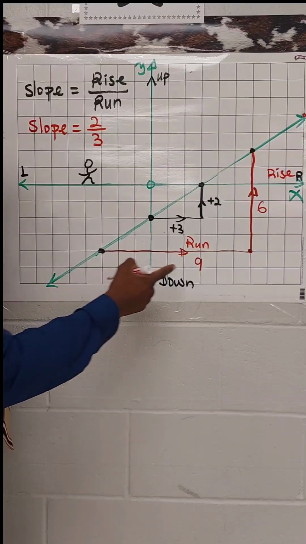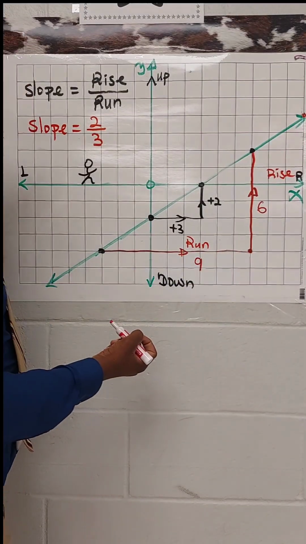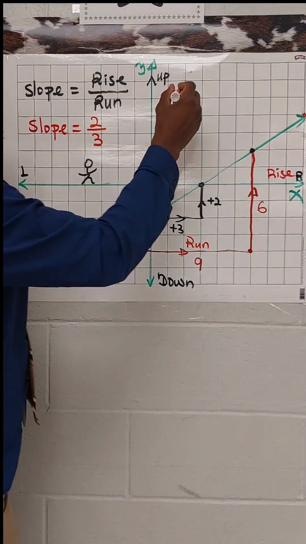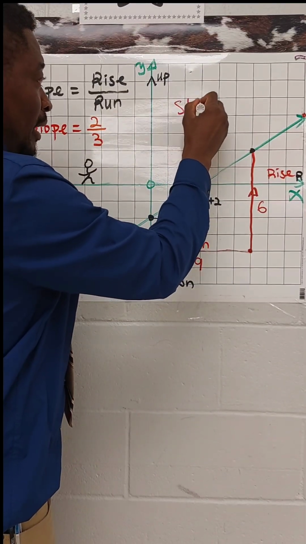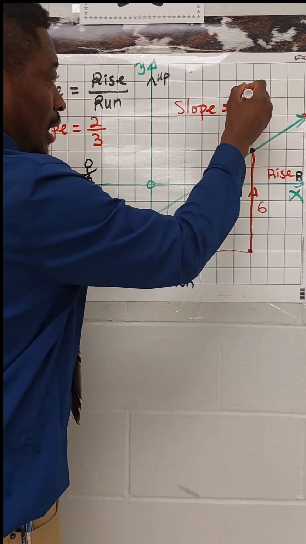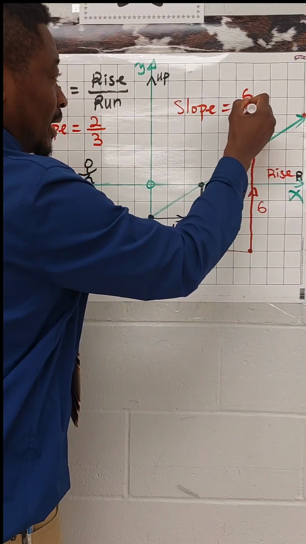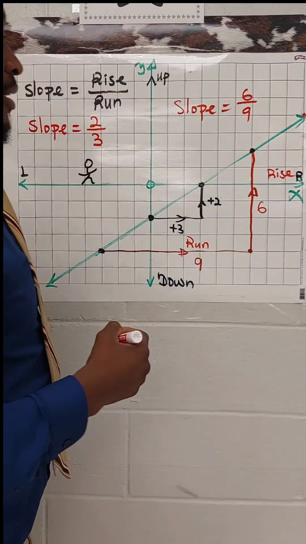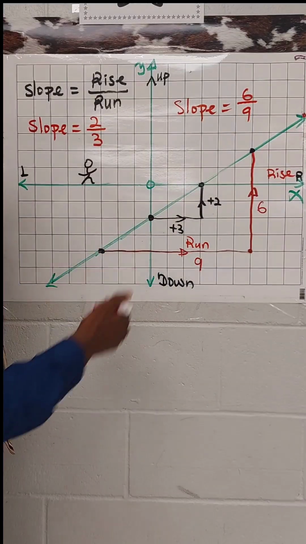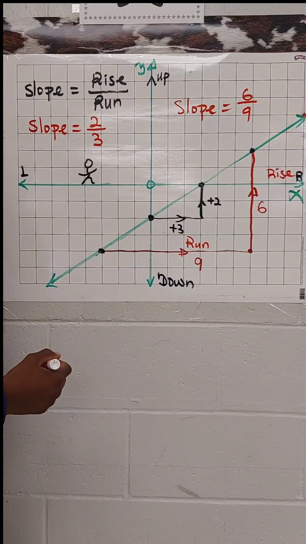Also, I could calculate the slope using this bigger triangle. Using the bigger triangle, the slope will be a rise of 6 divided by a run of 9. You may think that the slopes are different, but the slope along any straight line is the same number.